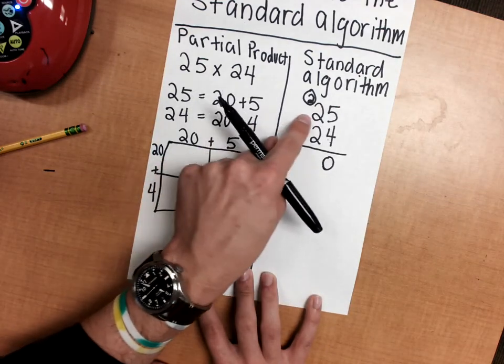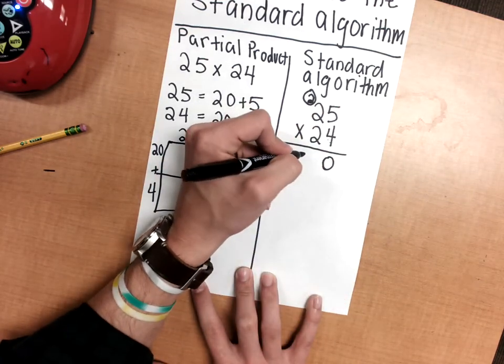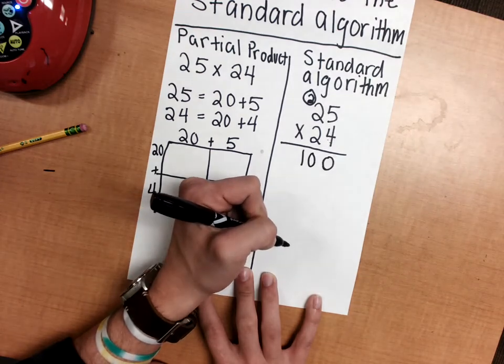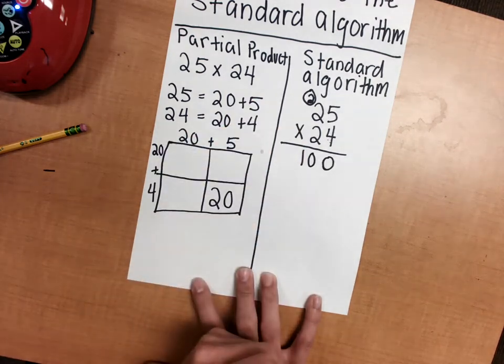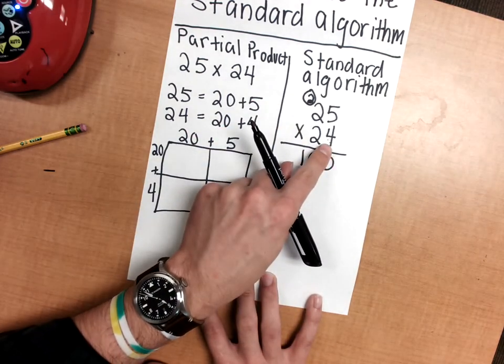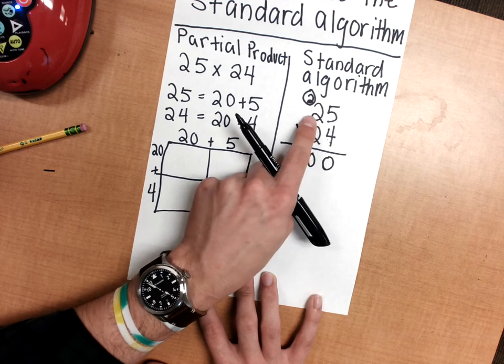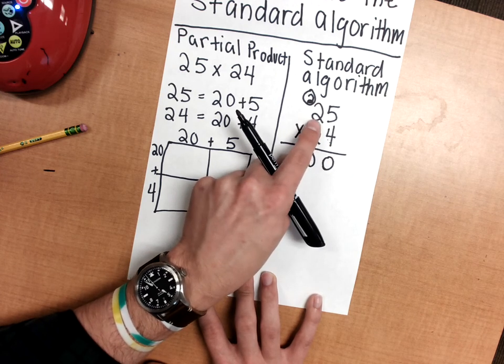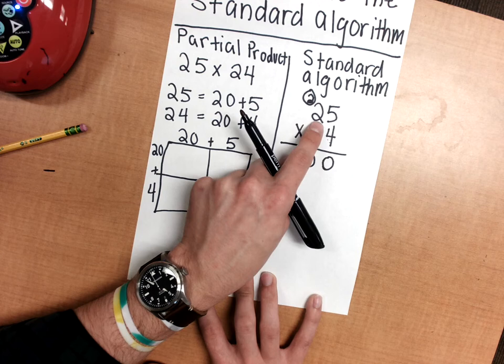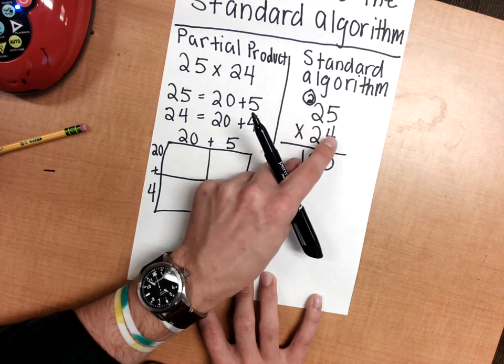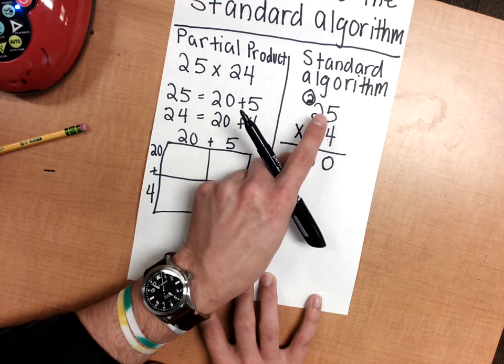And since we don't have another number over here, we're just going to put the 10 right here. Now, this isn't 4 times 2. Our 2 up here is in the tens place. So it's 20. So 4 times 20.